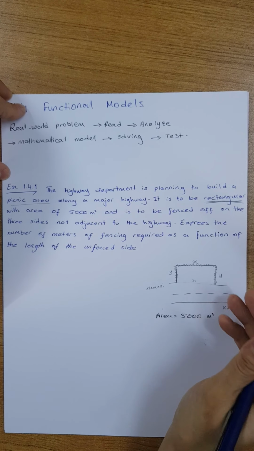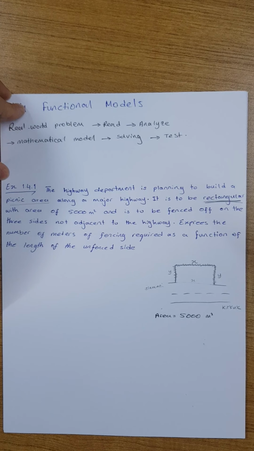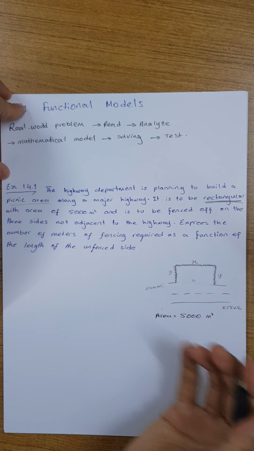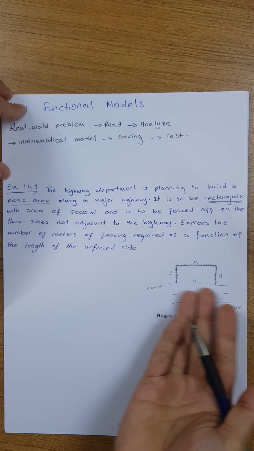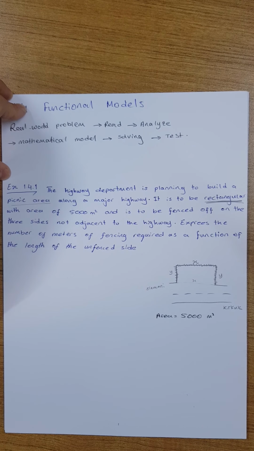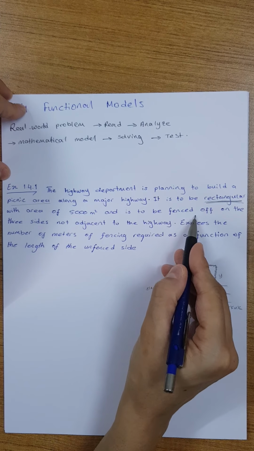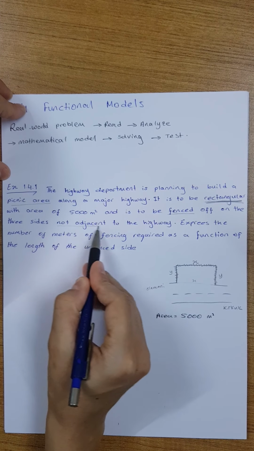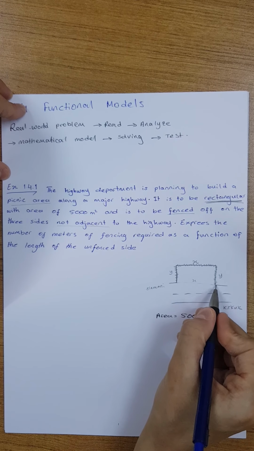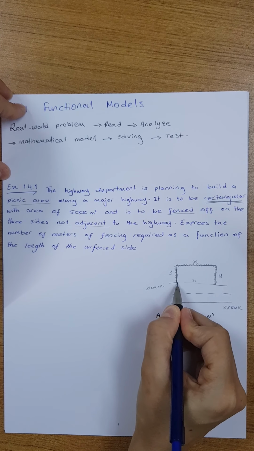It shouldn't be fenced, so that motorists and people going along that way can enter the picnic area. If they fenced that part, how could people get into the picnic area? So 3 sides are fenced, but not the side adjacent to the highway.